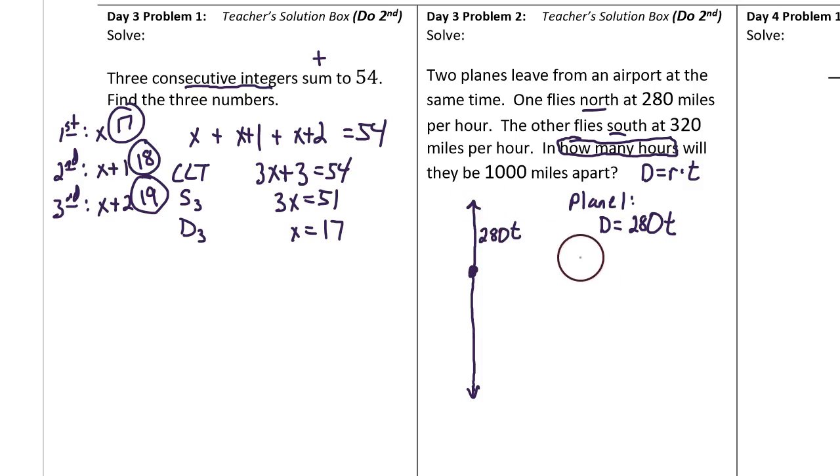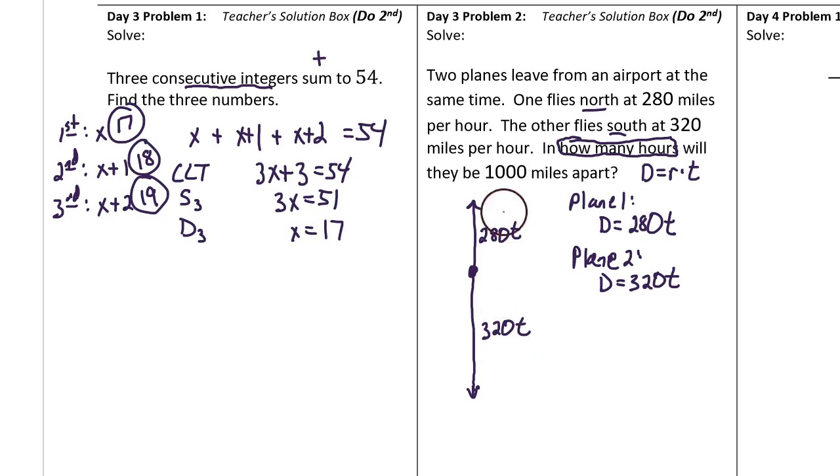Now let's work on the distance traveled by plane number 2. Using the same formula, distance equals rate times time, we get the expression 320 times t. I'm going to label the ray 320t. This is a distance, and this is a distance.